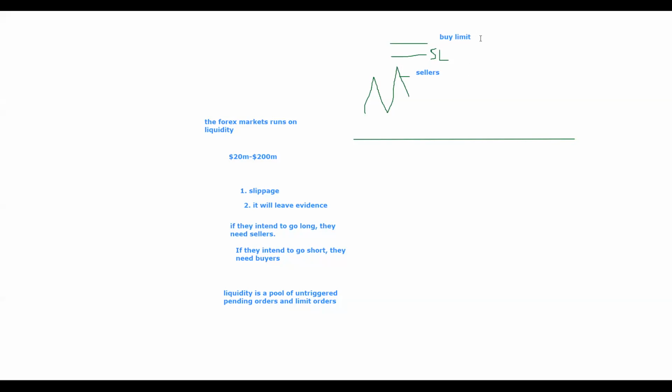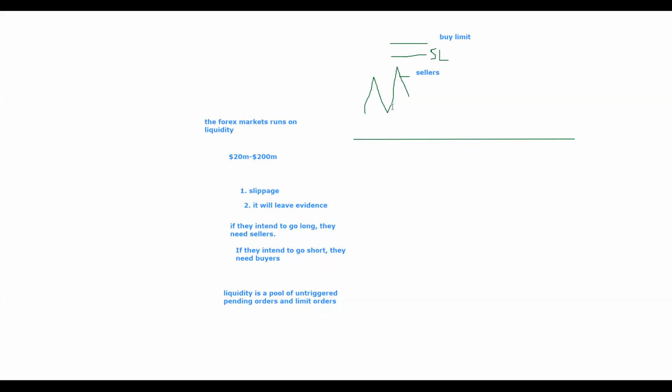So this is liquidity for shorts. If they want to go long, long side liquidity is going to be here. The sellers here, the buyers here, because they intend to go short. The buyers here are those that have been buying. I would explain that.